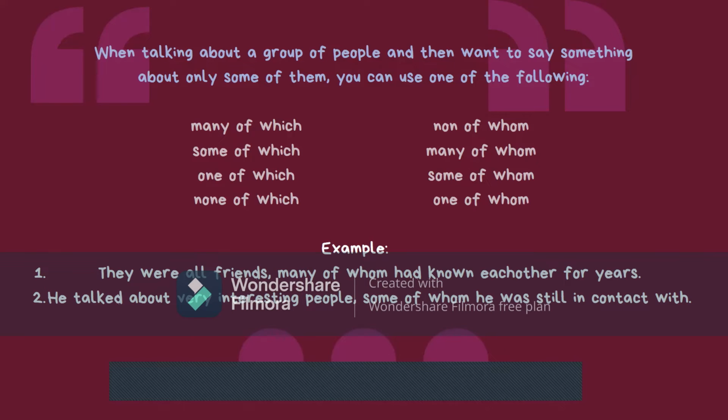And that's the case when we can use these examples, the none of whom, many of whom, some of whom. Okay, do you have any doubt or a question that you have until now? Or is everything clear?